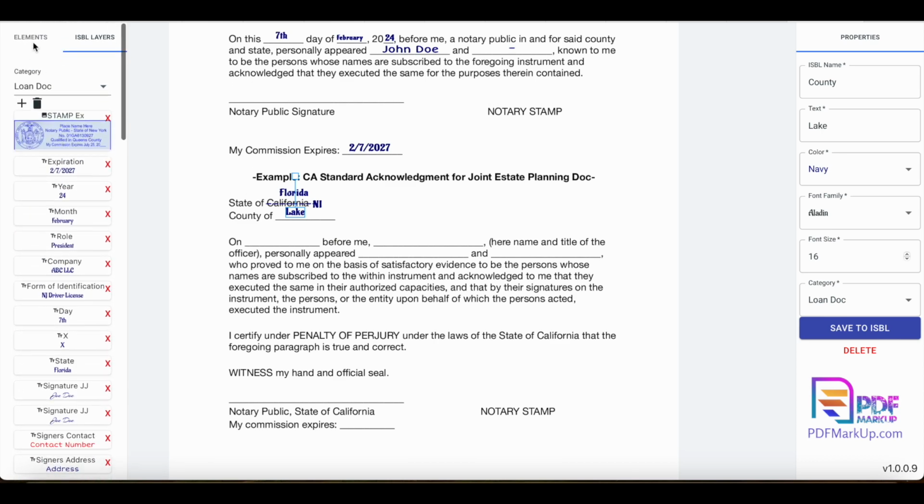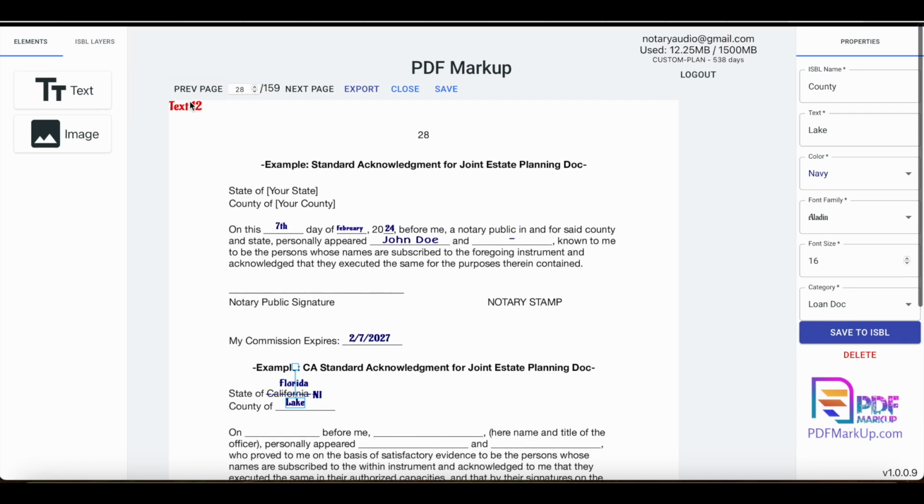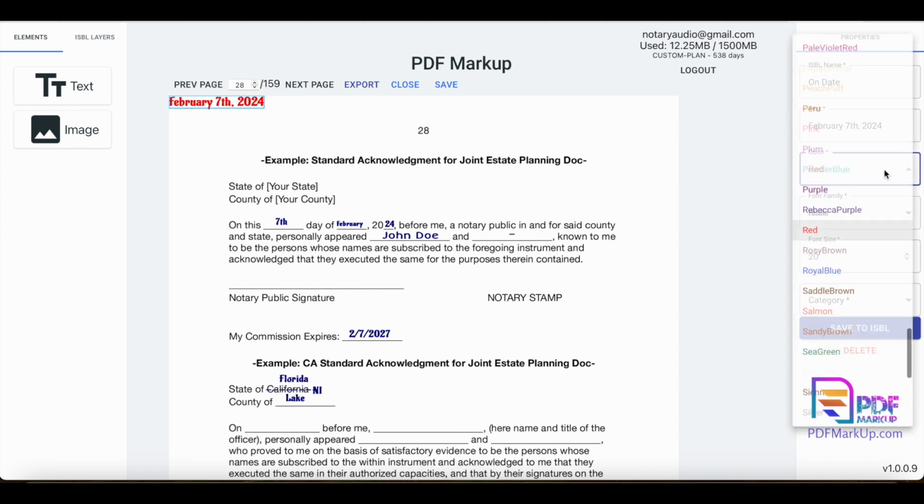I don't think I have that date written out. So we're going to go ahead and create an element. I just love this PDF markup. On date. All right.